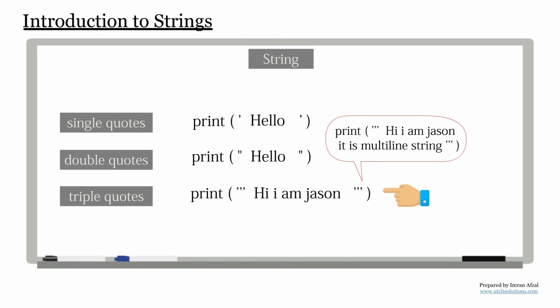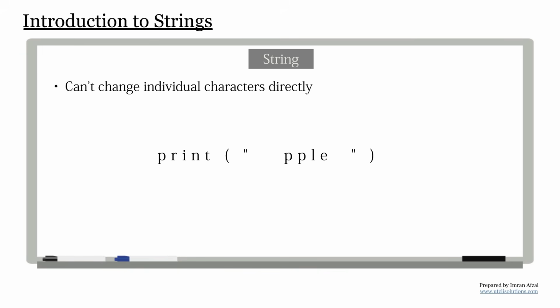Strings in Python are immutable, which means once you create a string, you cannot change its individual characters directly. For example, if you have a string like "apple", you cannot change the first character A to B.